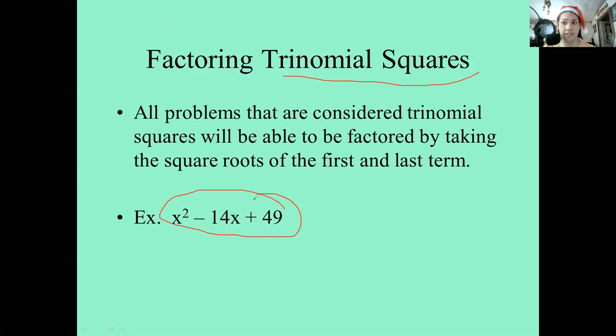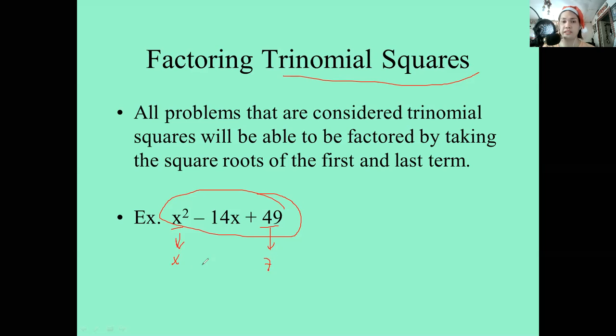How do we check if it's a perfect square trinomial? First, look at the first and the third term. They are perfect squares, correct? x squared is a perfect square and 49 is a perfect square. When we get the square roots, we have x for x squared, and for 49, that gives you 7.